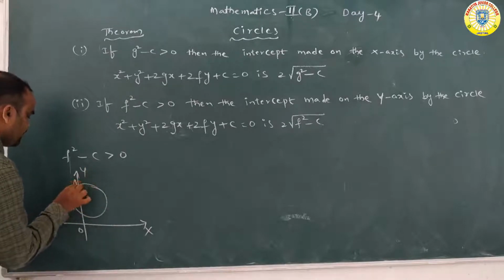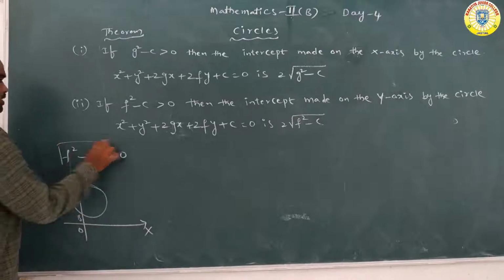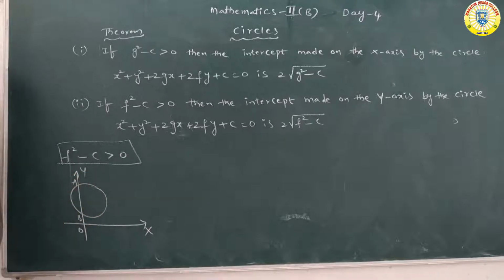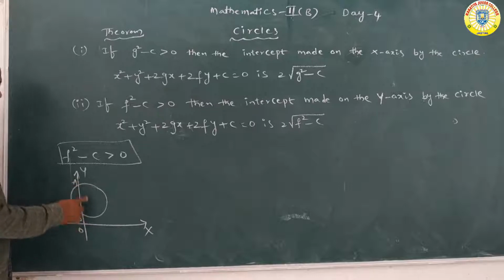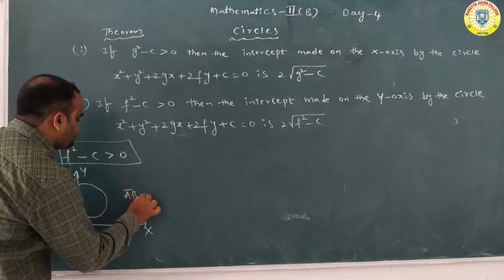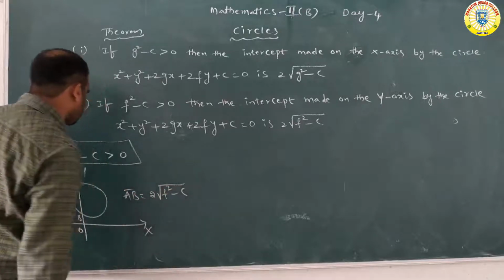This is A, this is B. Only in this case, f square minus c greater than 0, the circle intersects the y-axis. The length of the line segment AB bar is equal to 2 into under root of f square minus c.